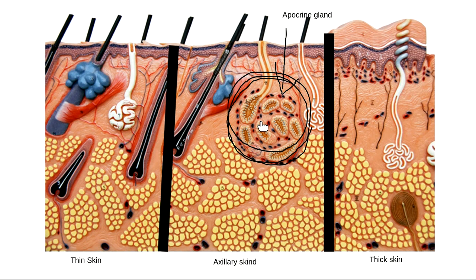You spit that out onto your skin and the bacteria that's on your skin says, sweet, you're feeding me. And it eats that protein and eats that fat and makes body odor. So this really big gland that we see here in the middle in the axillary skin, that's called an apocrine gland. And apocrine glands make the smelly sweat that your body makes.